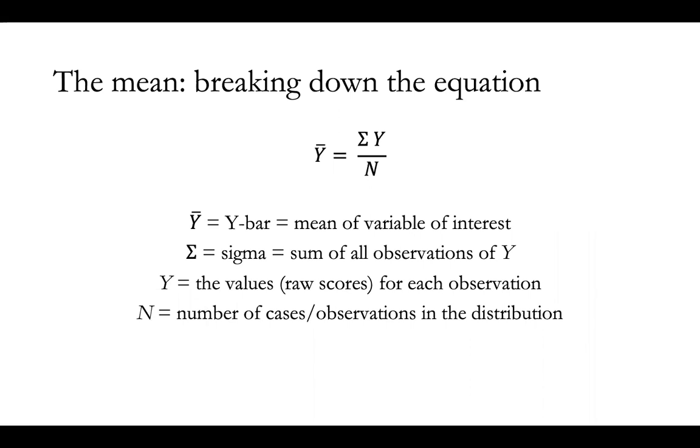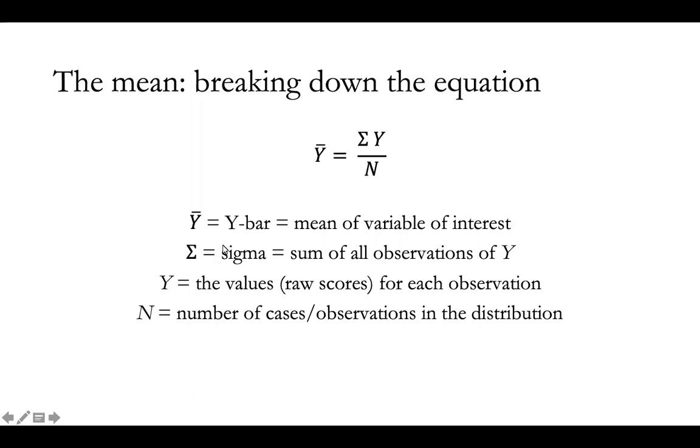So breaking down the equation, what is the mean? This is one way to talk about what the mean is about. So we've got y bar. Y bar is the mean. It's going to be equal to this numerator divided by the denominator. Here, the numerator is sigma y. What is sigma?